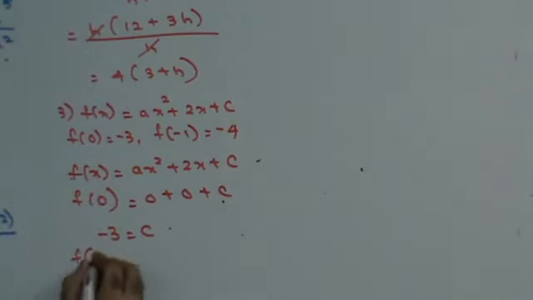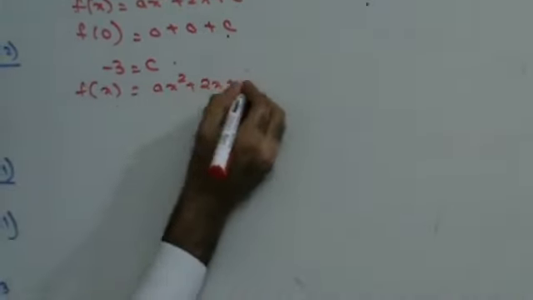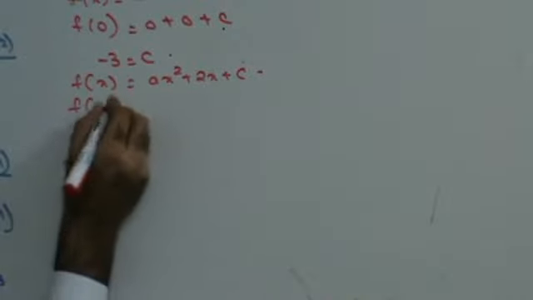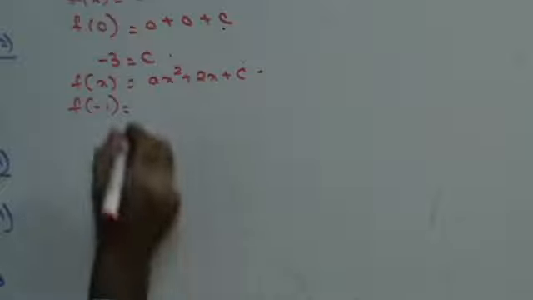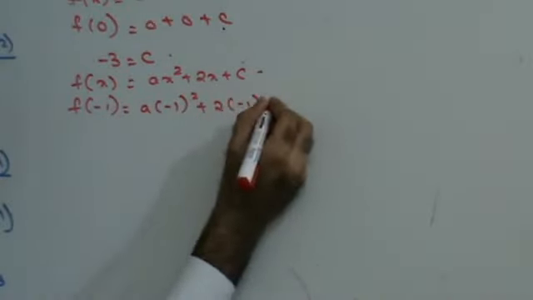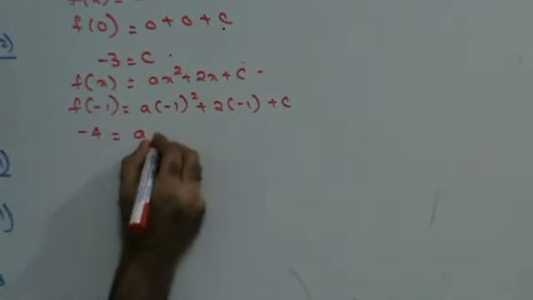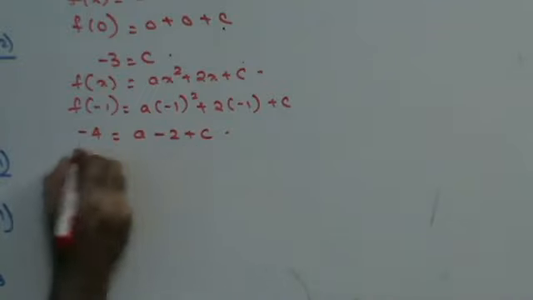Now f of x again is ax square plus 2x plus c. So what will be f of minus 1? Wherever there is x, substitute the value of x as minus 1. So a into minus 1 square, 2 into minus 1 plus c. f of minus 1 is given to you as minus 4, is equal to a minus 2 plus c.